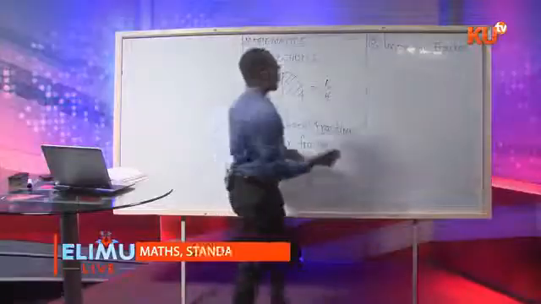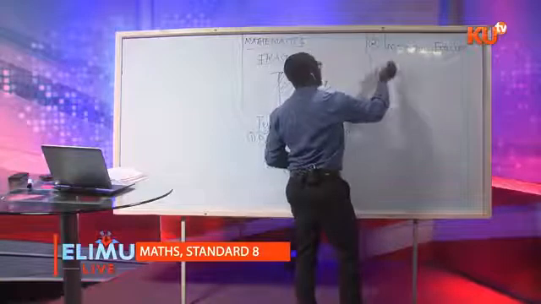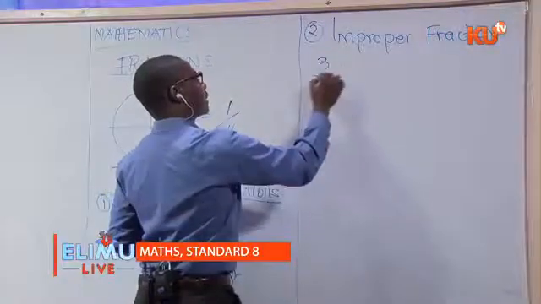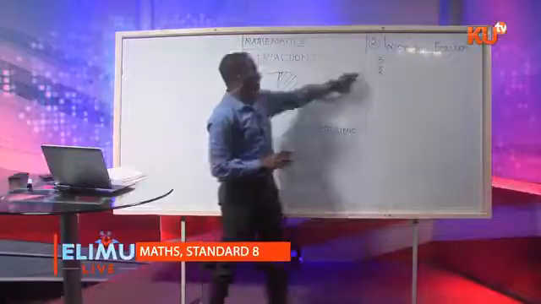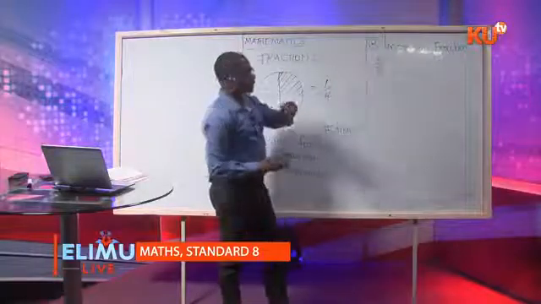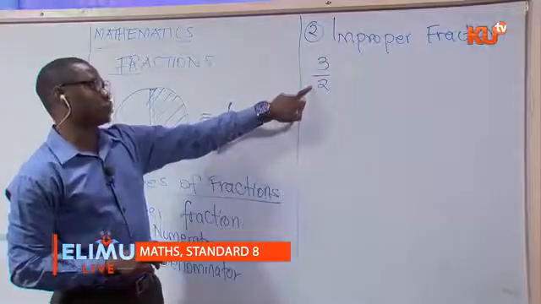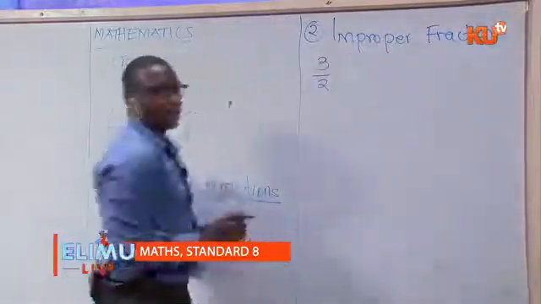It will be the reverse. With an improper fraction, the numerator is larger than the denominator. An example is 3/2. 3 is the numerator, 2 is the denominator. 3 is larger than 2. Therefore, this is what we call an improper fraction.